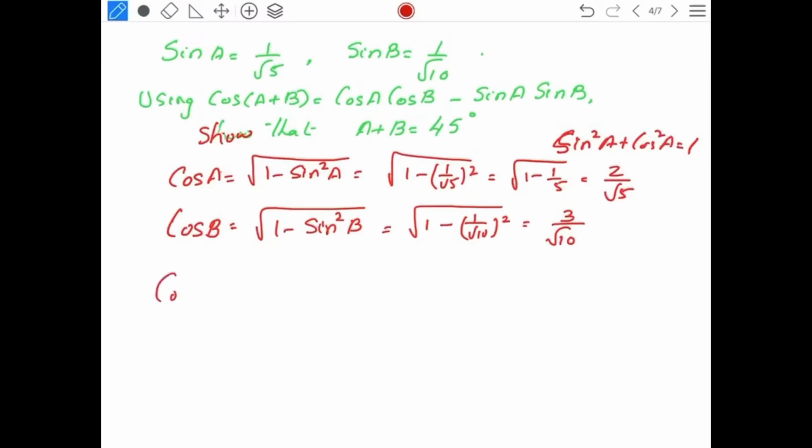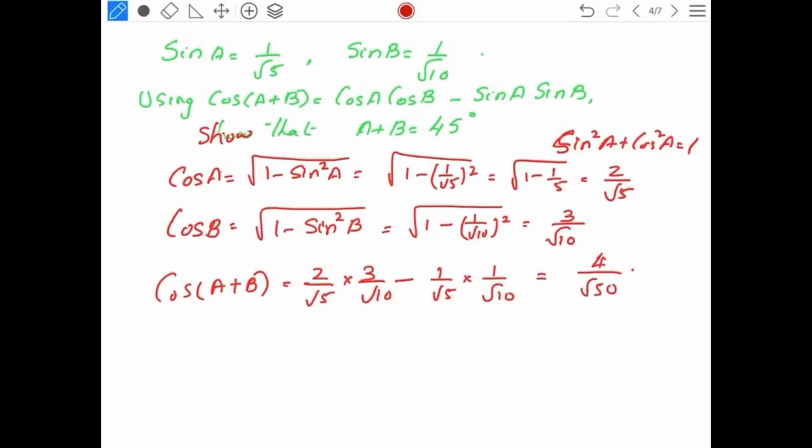Now we will find cos A plus B. Substitute the value of cos A, cos B, sin A, sin B here. So cos A into cos B minus sin A into sin B. So this will be 6 by root 50 minus 1 by root 50, that is 5 by root 50.